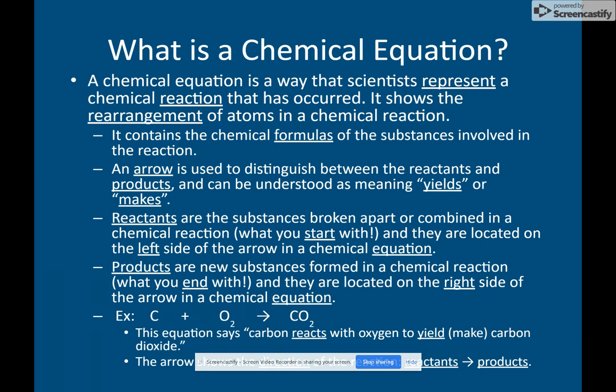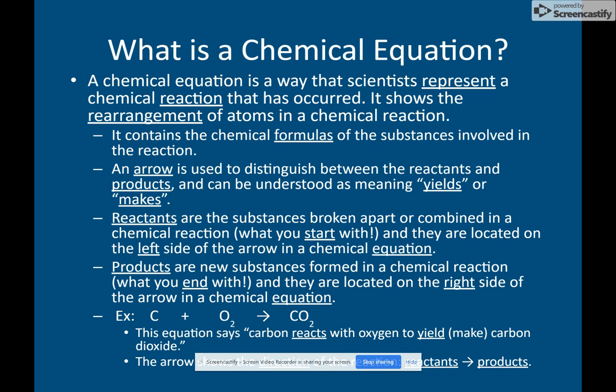The arrow, we talked about this as well, is used to distinguish between reactants and products. And we talked about how it means yields or makes or produces. It's not an equal sign because we're creating new products. It's an arrow to show that we are transitioning from our reactants into our products.